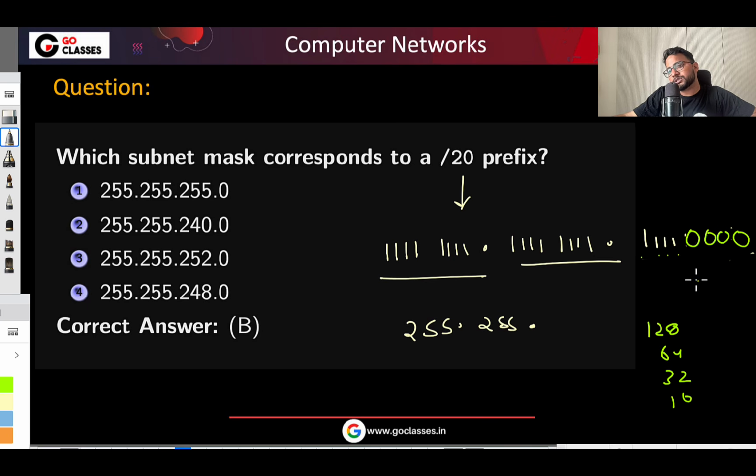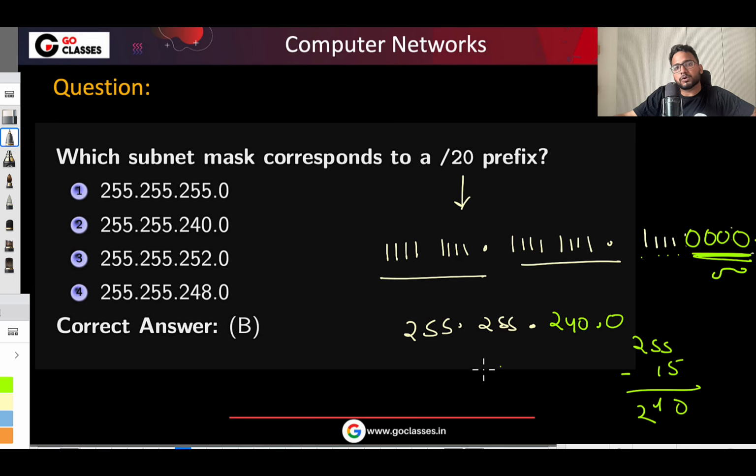Or in other words, you can subtract from 255. The whole is 255, and you subtract 15, so this is 240. And then again all zeros. So 240.0. So I think B is the correct answer.